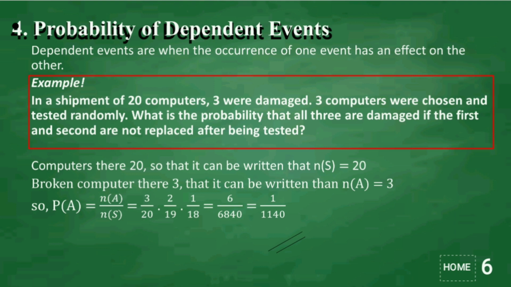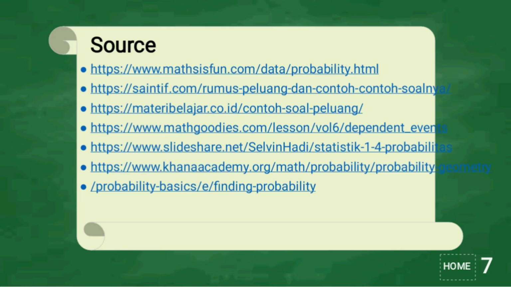So P(A) equals n(A) over n(S) equals 3 over 20 times 2 over 19 times 1 over 18 equals 6 over 6,840 equals 1 over 1,140.